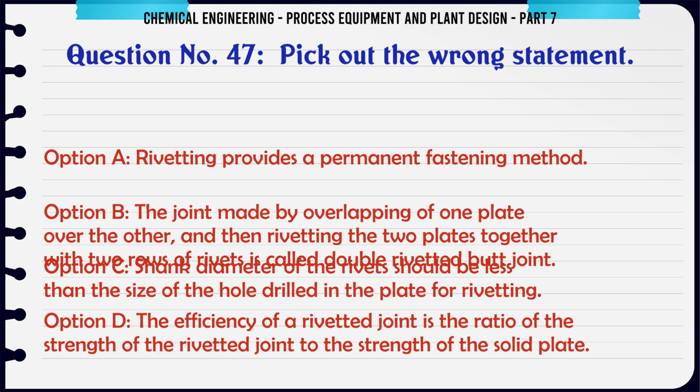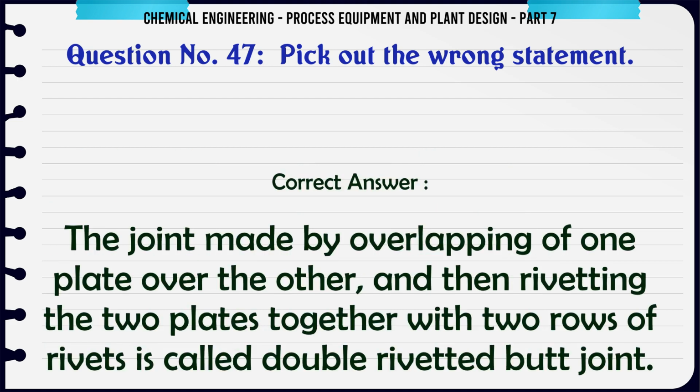D. The efficiency of a riveted joint is the ratio of the strength of the riveted joint to the strength of the solid plate. The correct answer is the joint made by overlapping of one plate over the other and then riveting the two plates together with two rows of rivets is called double riveted butt joint.